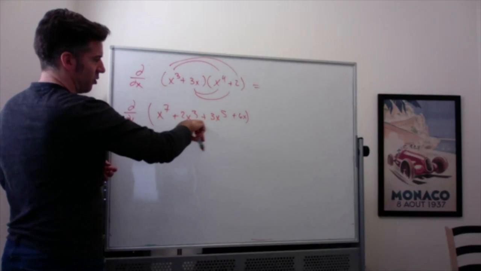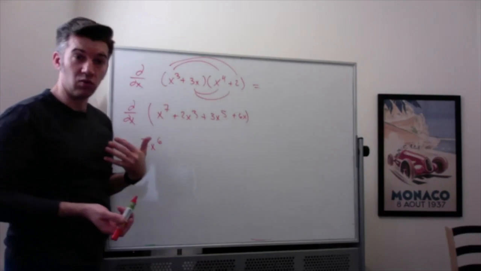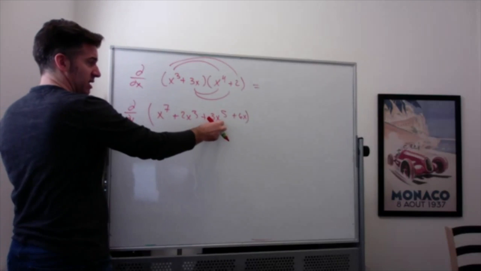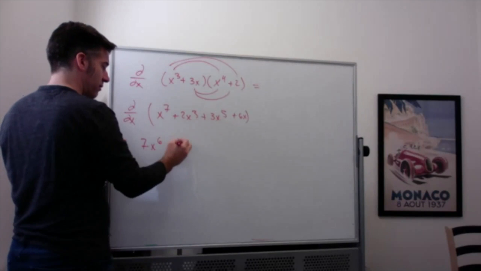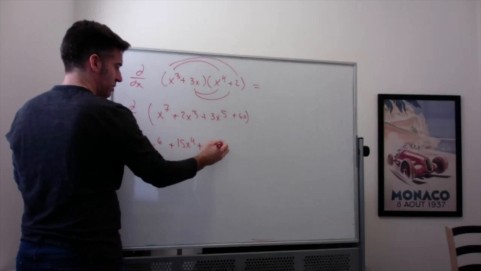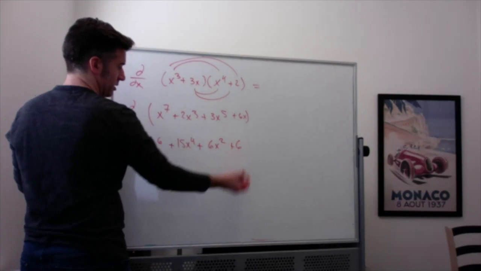I would probably change the order of these, from highest power to lowest. So I'd do the derivative of this next, which is 15x to the fourth. Then the derivative of this is 6x squared. And finally the derivative of that is just 6.